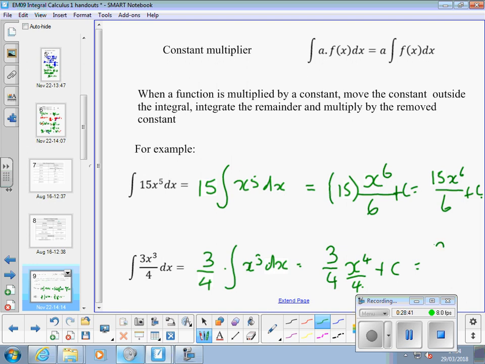We can say that's 3 over 4 times 4, which is 16. So 3/16 of x to the 4 plus C.